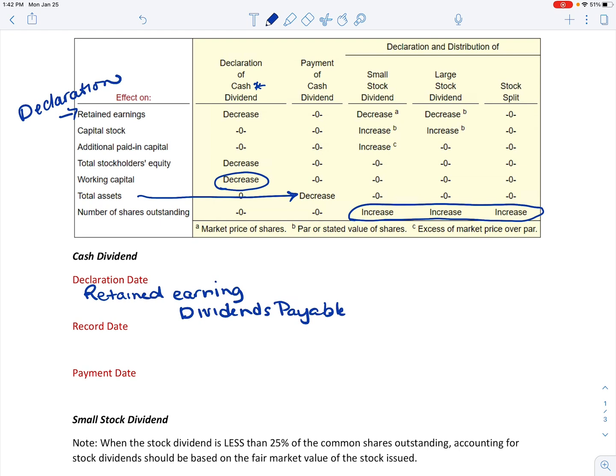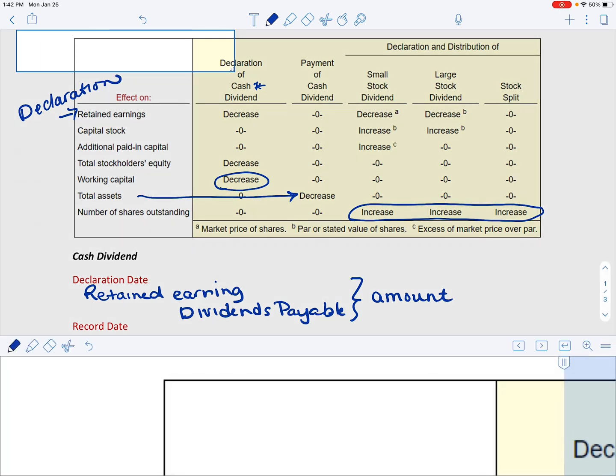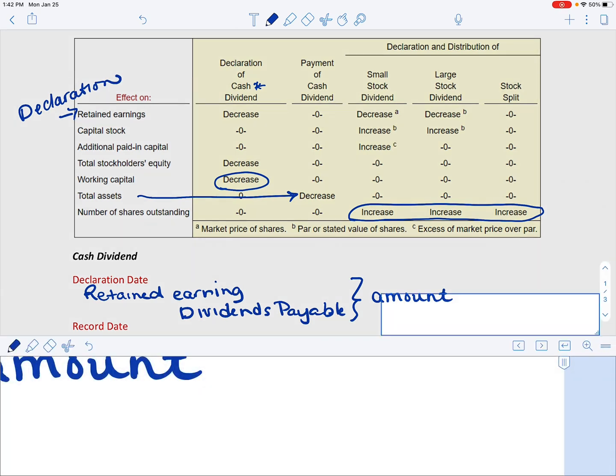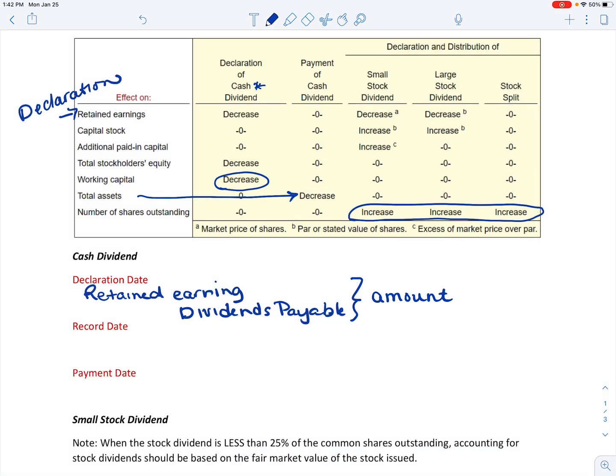And this is for the amount of cash we're going to pay. So usually they'll issue like 50 cents per share. Or something like that.